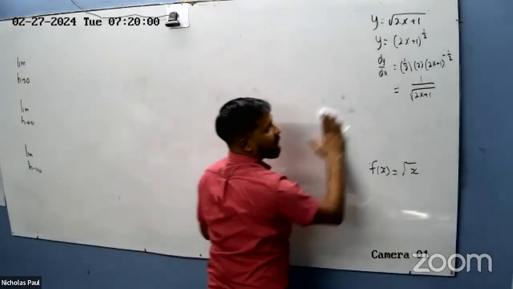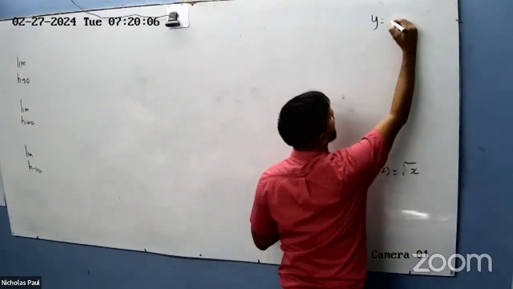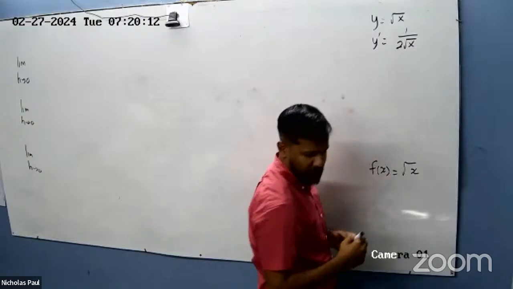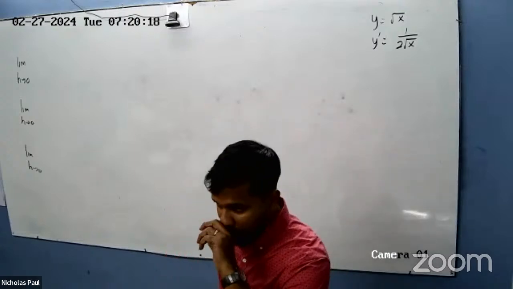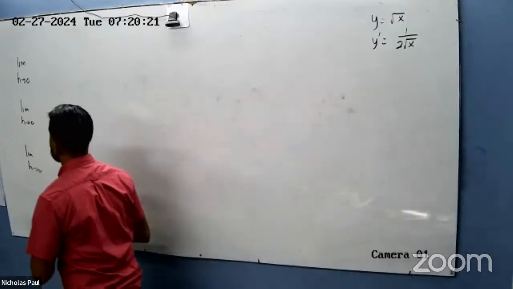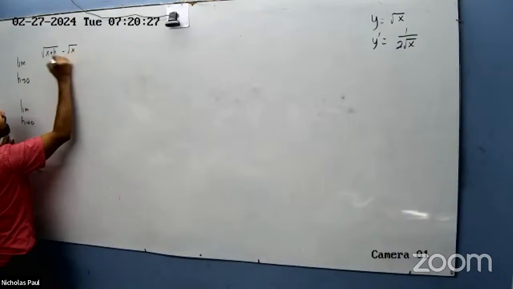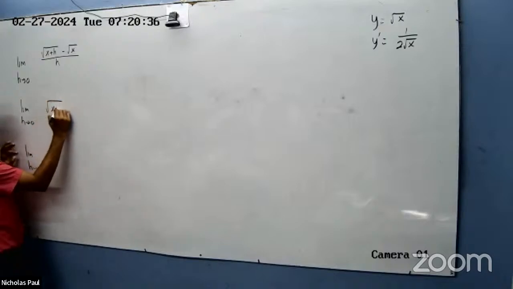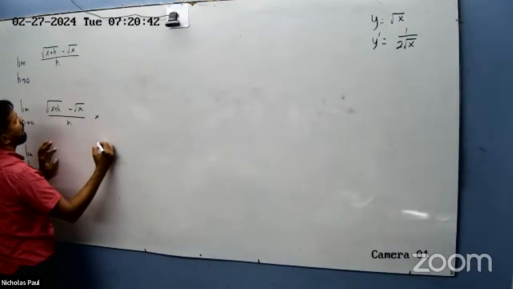Make sure you know what your answer is supposed to look like. What's the answer for this square root of x? One over two root x. Nice.